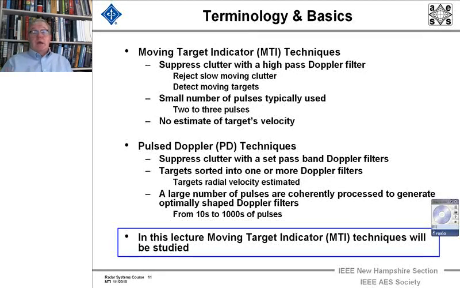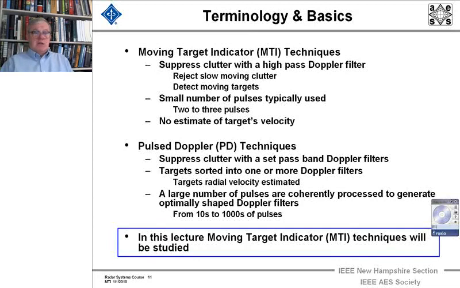And airborne radars, we're going to have a whole lecture on airborne radars, you can do thousands of pulses in very high PRF modes because of the different environment and the motions of the sensor, things you'll come to see in the airborne signal processing lecture.